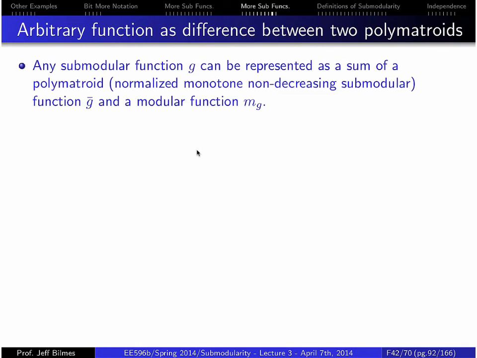So what that means is that all of the interesting structure, all of the interaction and the way in which items talk to each other via a submodular function, is via its inherent underlying polymatroid variant. And everything else is, in some sense, modular.